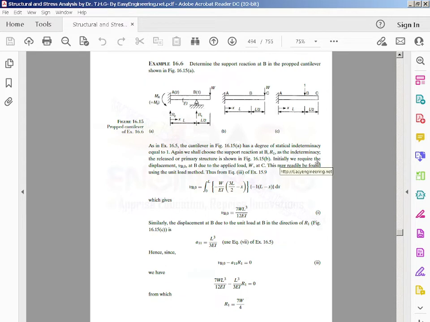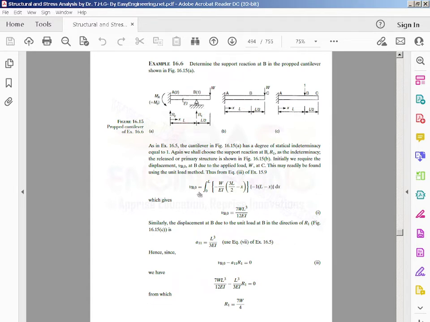Initially we require the displacement VB0 at B due to the applied load W at C. This may readily be found using the unit load method. Thus, from equation 3 of example 15.9, I'll do a separate video on the unit load method.